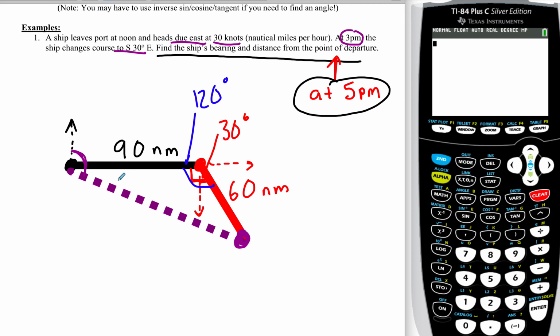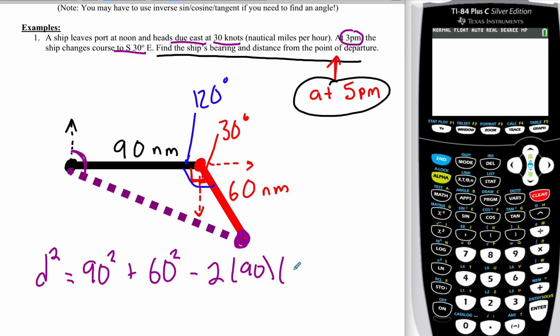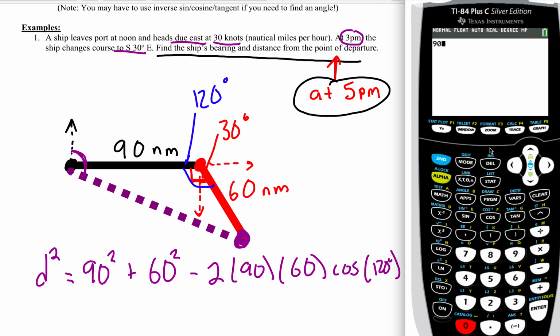All right. So to find the distance, we need to use the law of cosines. So the distance squared equals 90 squared plus 60 squared minus 2 times 90 times 60 times the cosine of the angle opposite the side, which would be 120. That's how we set up the law of cosines.